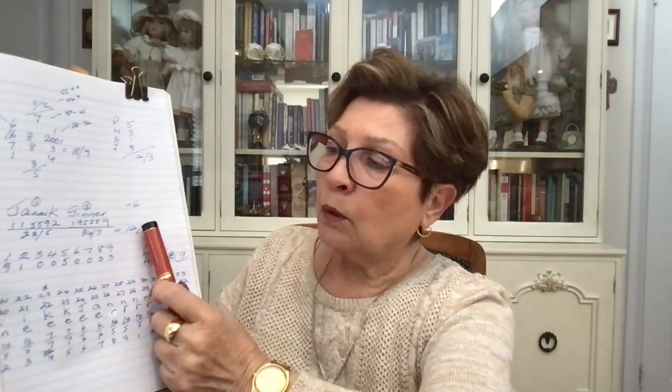And then you subtract the heart number from the destiny number. Not the destiny number from the heart. It has to be the heart number from the destiny number. So if we subtract here, this is a short way of doing it, we take the 6 away from the 12 and we end up with a 6. So his personality number is the same as his heart number.